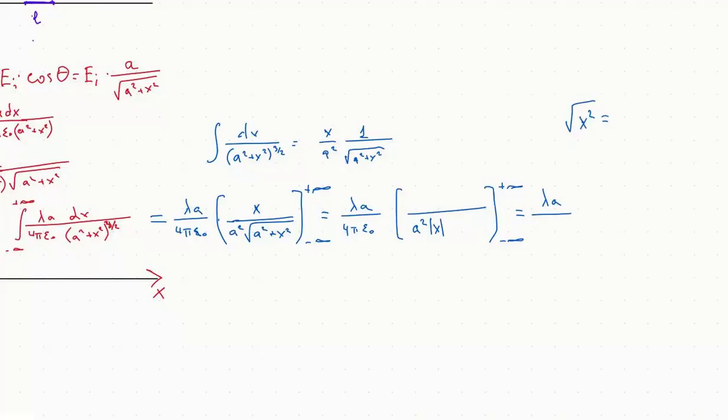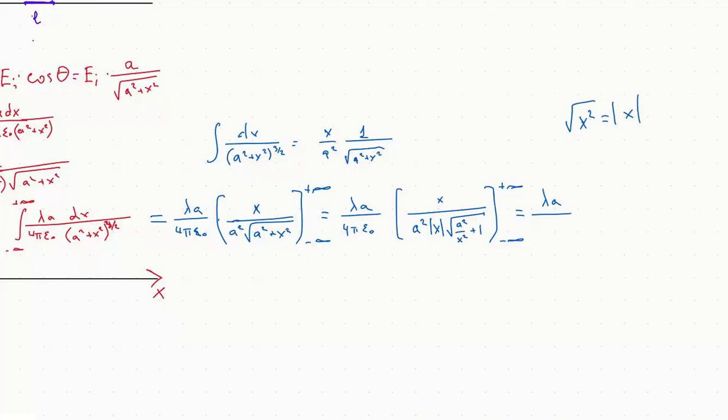So taking modulus x out, I have a squared over x squared plus 1. Otherwise it just doesn't make any sense.